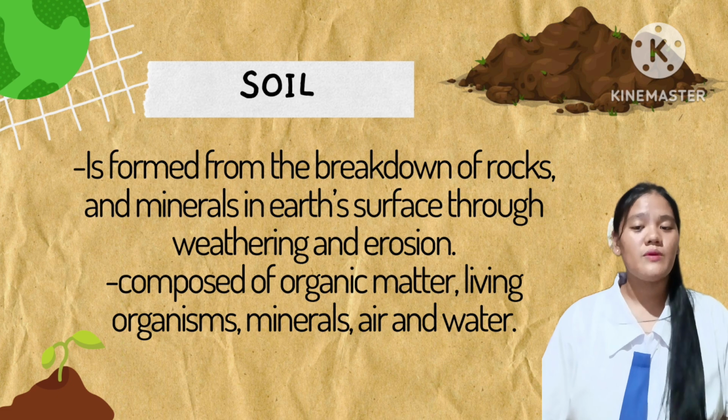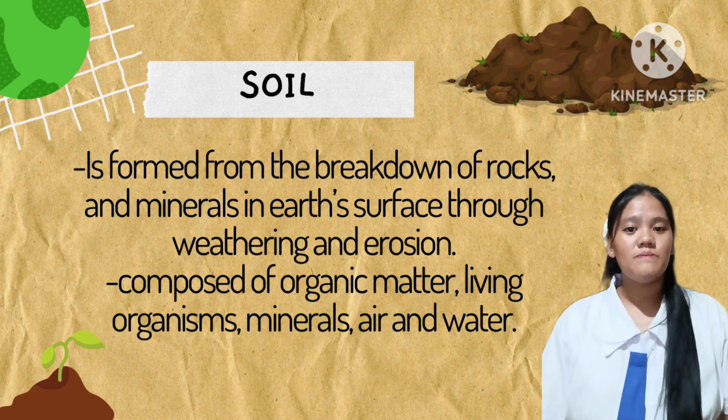It is formed from the breakdown of rocks and minerals on the earth's surface through weathering and erosion, and is composed of organic matter, living organisms, minerals, air, and water.